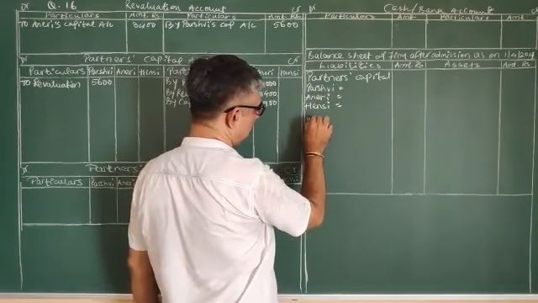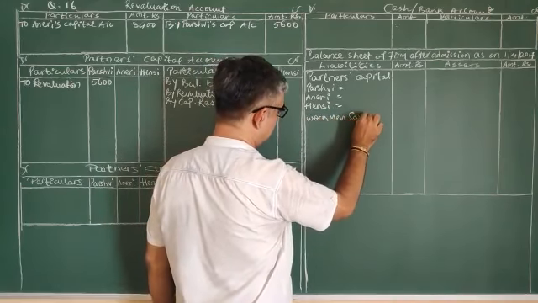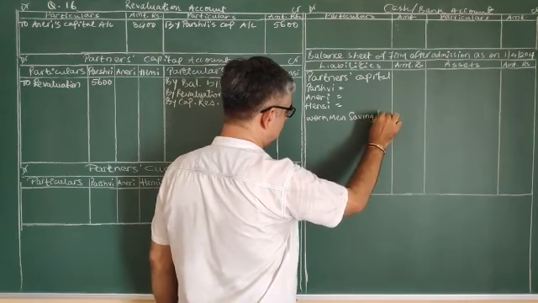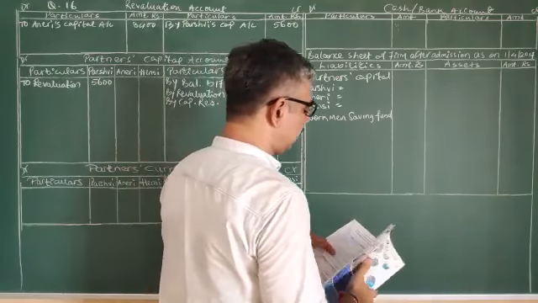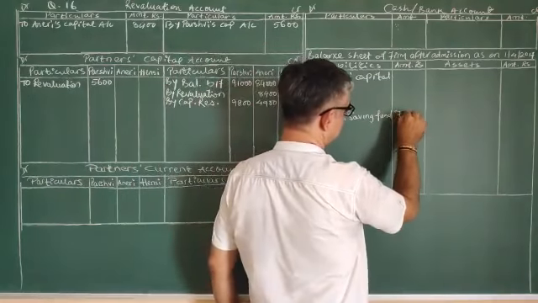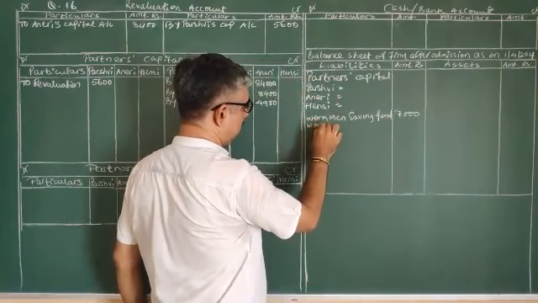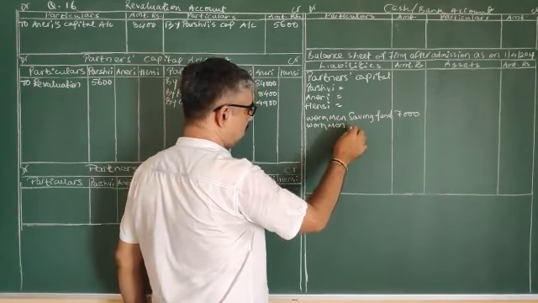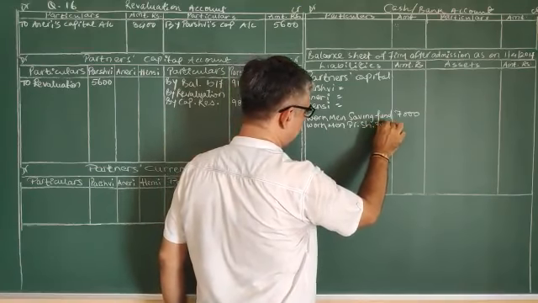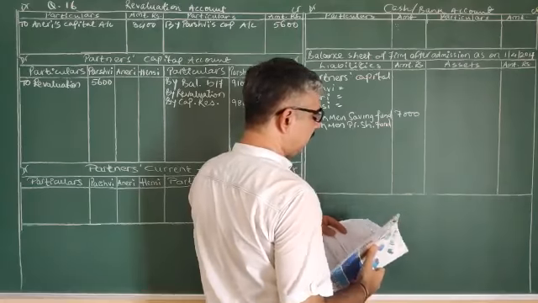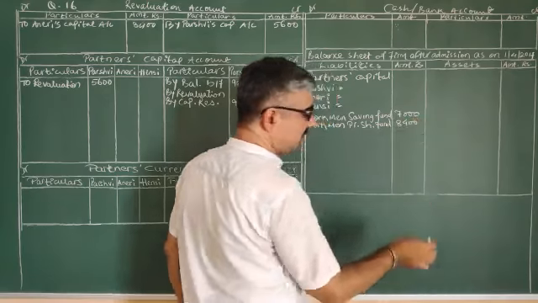Then workman savings fund, the amount is 7,000. Then workman profit sharing fund, amount is 8,400. Nothing to do about this one.